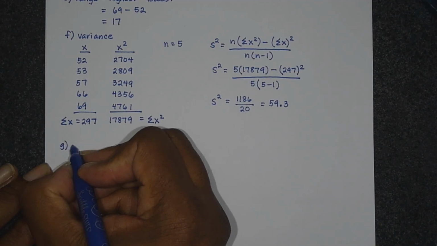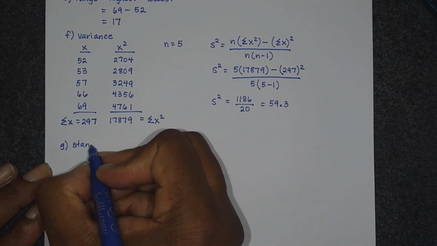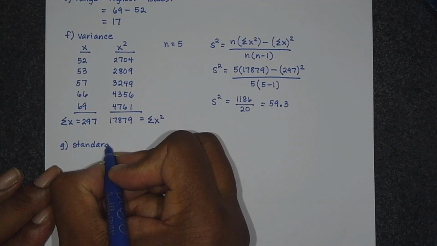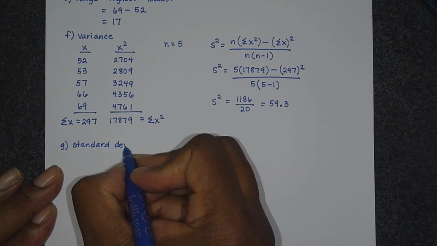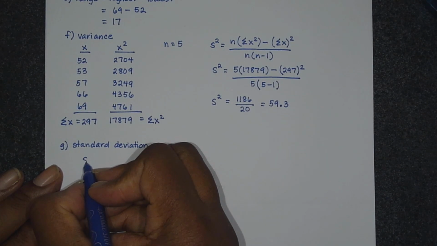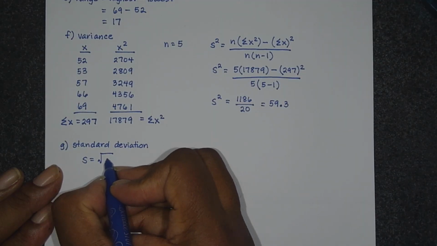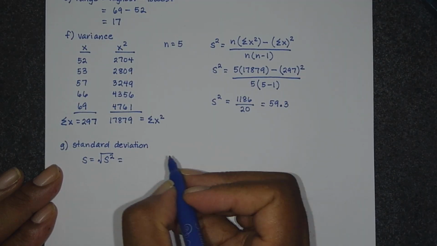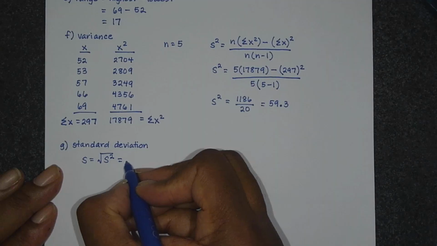And then part G is finding the standard deviation, which is, of course, lowercase s. And to find the standard deviation, you take the square root of the variance.